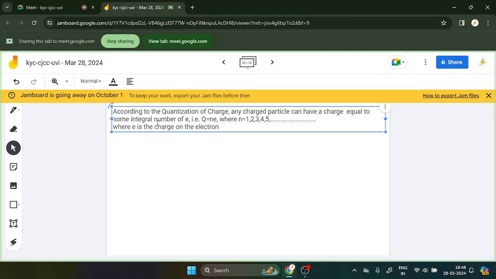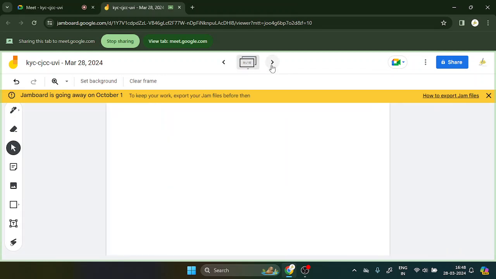So now quantization of charge is clear to you. Now let's talk about electricity. We have two kinds of electricity.